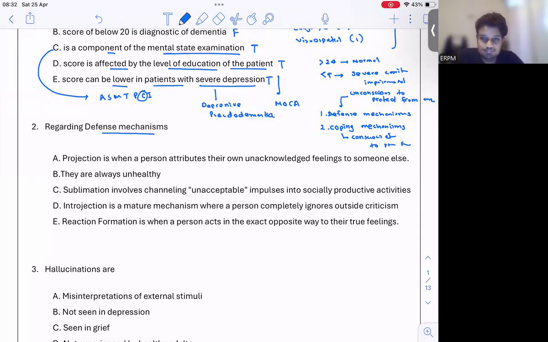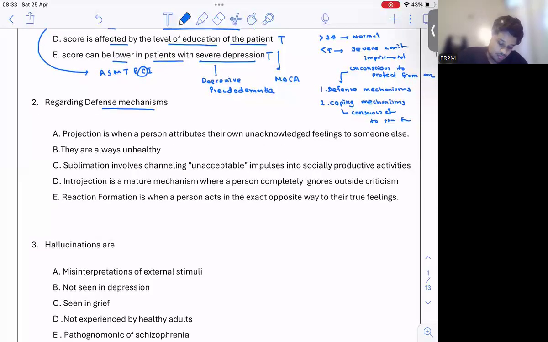Remember, these defense mechanisms and coping mechanisms can be either healthy or unhealthy, which are not good. So both types of these mechanisms are there. Projection is when a person attributes their own unacknowledged feelings to someone else. That is true.